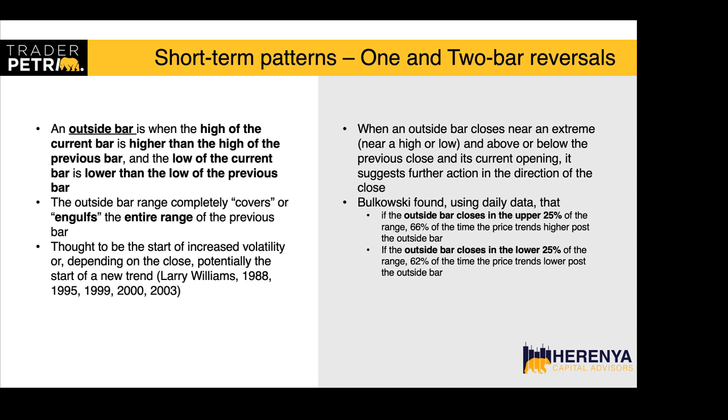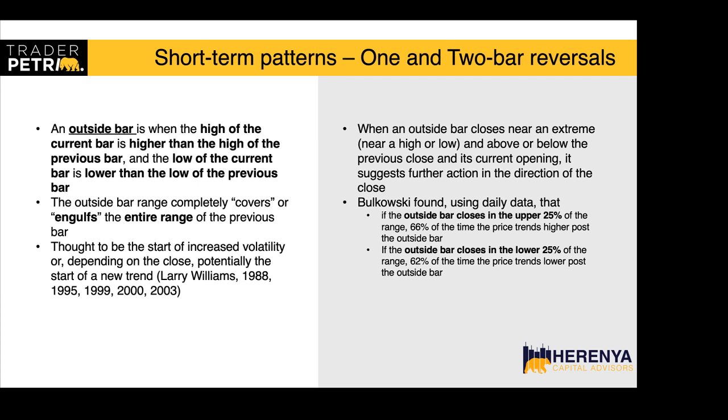But we've seen that Bukowski once again did a little bit of testing on the topic, and that whichever side of the candle extreme it closes near is generally suggestive of the continued direction of the price action after that bar has closed.